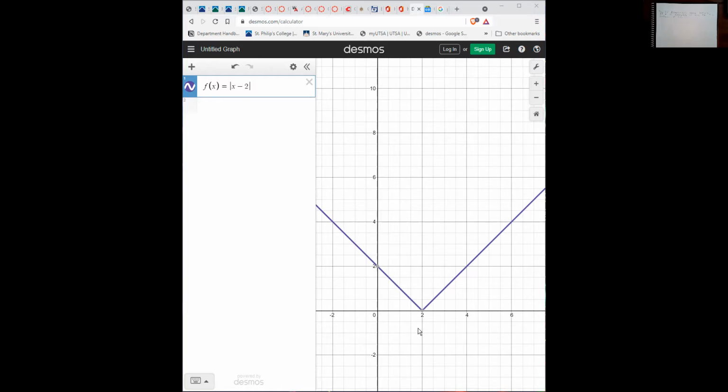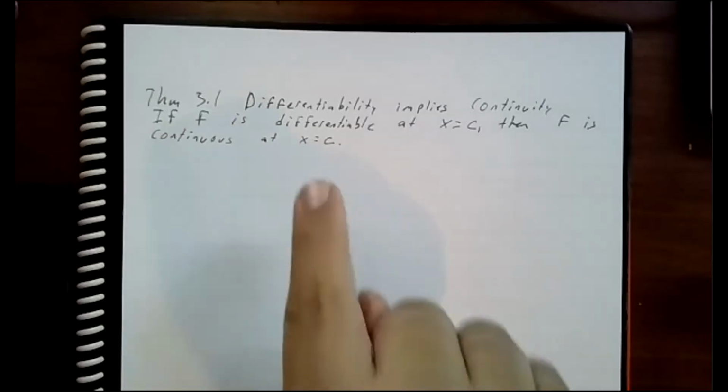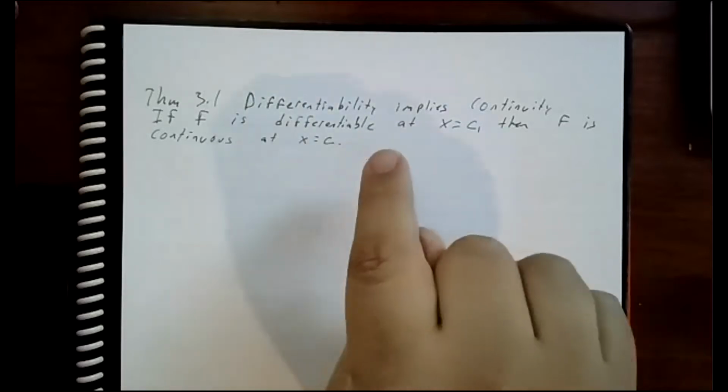As we were saying, this theorem said, if f is differentiable at x equal to c, then f is continuous at x equal to c. We are not differentiable at 2. Are we continuous here though? What does logic say?